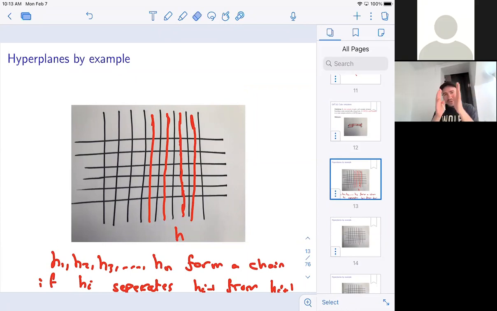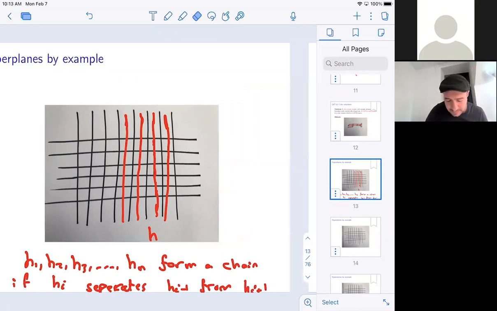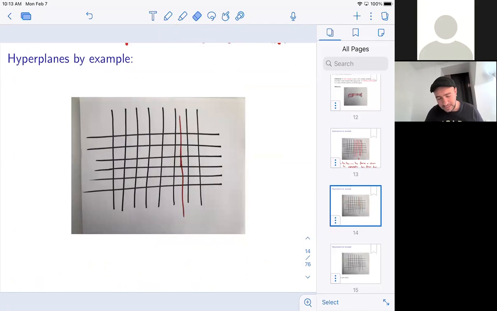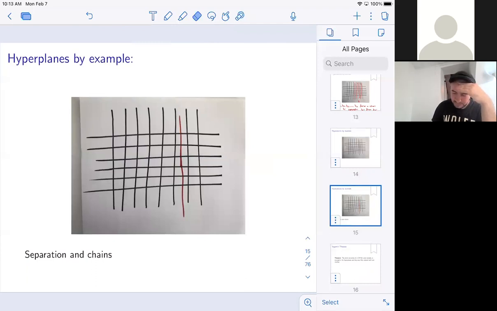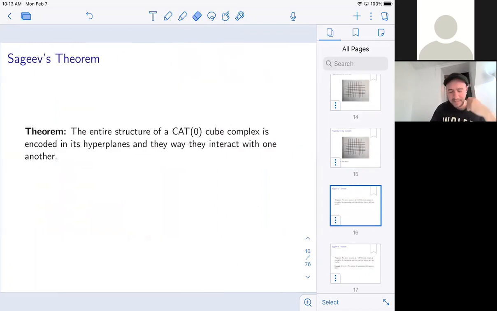If you had to guess what a chain of hyperplanes is, you'd guess the right thing. It's a collection of hyperplanes where each one in the middle separates the one preceding it and the one that comes after it. Okay, so that's what we just discussed, separation and chains.